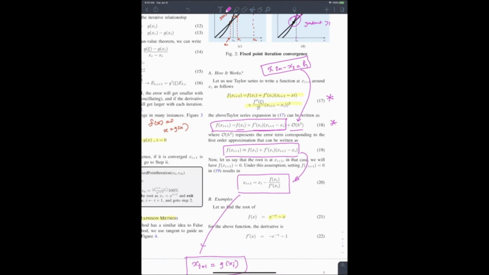Let me rewrite it for clarity. From equation 18, equation 19 should be very clear. f(x_{i+1}) is, instead of approximate, I am writing it as equal: f(x_i) plus f'(x_i) times (x_{i+1} - x_i).